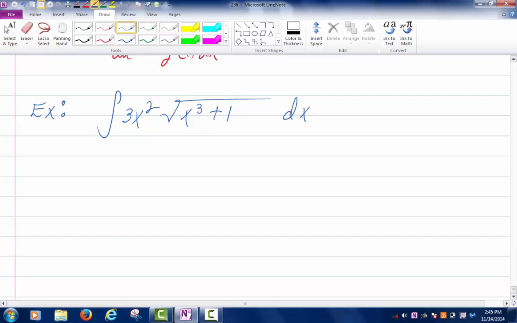The root of x cubed plus 1, that's the composition of root x and x cubed plus 1, right? And what's the derivative of the inside, x cubed plus 1? 3x squared. So notice that the integrand has the form that I told you. It is the composition of two functions multiplied by the derivative of the inside. And now, if that's the case, then I can use the chain rule in reverse. I can use the substitution rule.